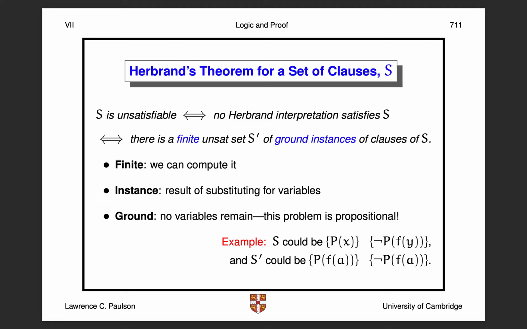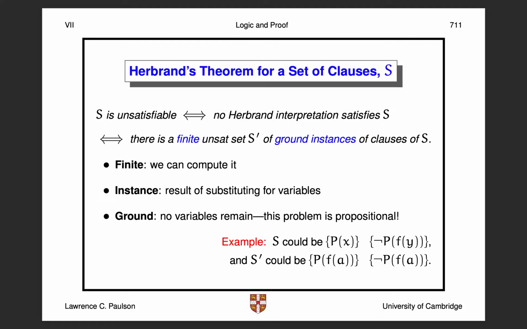And it turns out that you can show that if S is unsatisfiable, then there will be a finite unsatisfiable set of instances of the original clauses in S. So-called ground instances, meaning that we have replaced all the variables by constants. Finite, of course, means it's computable.